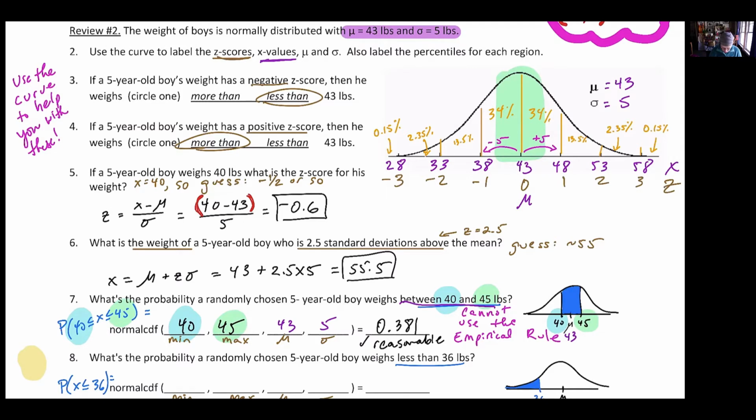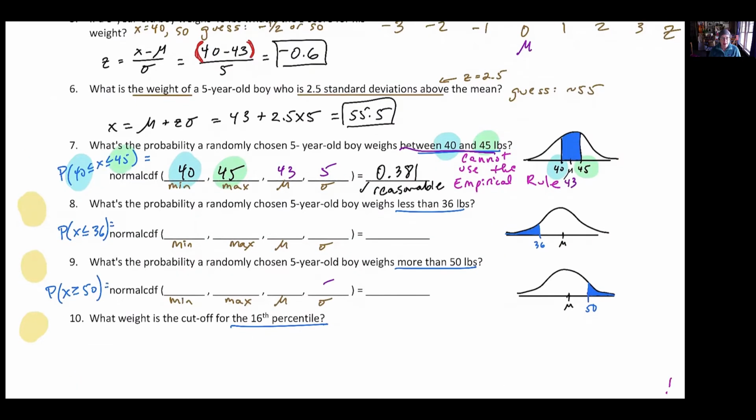If I have a weight of 40 pounds, looking at my graph here, I can see I should get a Z-score of around -1/2 or so. So if I get a value out of my calculator that says 31, I should know there's something terribly wrong happening. We shouldn't be seeing something that huge. That's not to say it's not possible. It is possible. It's just extremely unlikely.